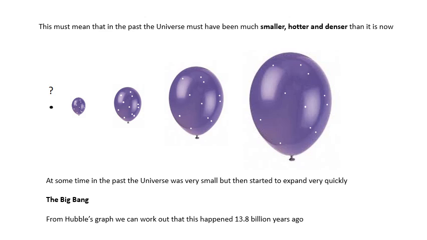The Big Bang is when the universe started to expand very, very quickly. Okay? And from the graph, because we know how far away these galaxies are and we know how fast they're moving, we can work out when it happened. It happened about 13.8 billion years ago. So 13.8 billion years ago, there was a rapid expansion of the universe called the Big Bang. And the universe is still expanding.